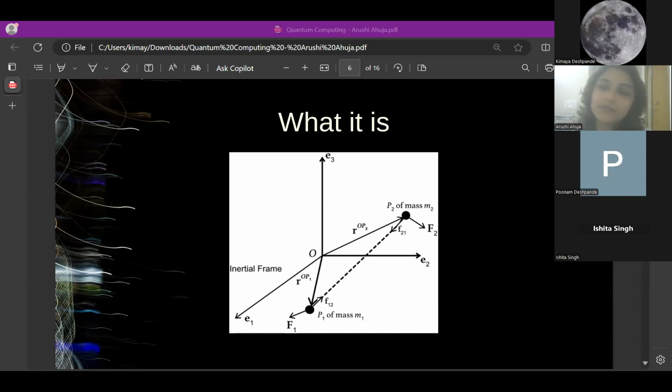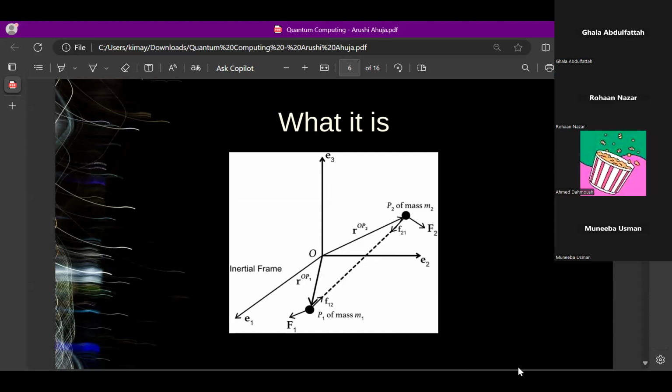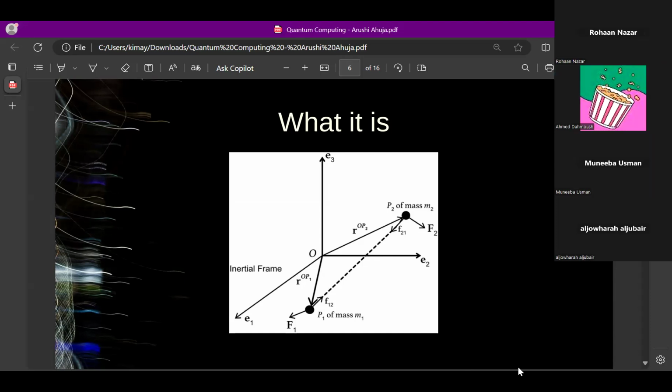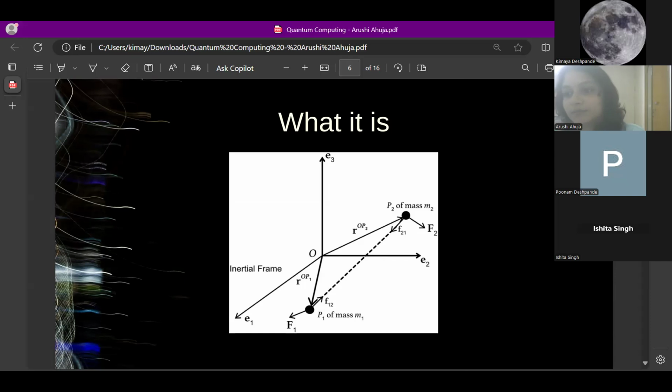A lot of the time, this task is very difficult to do on a classical computer, because what I am explaining to you right now, with just 5 planets, is very simplistic. You might need to factor in different attributes as well, such as charge or ions, which deal more with chemistry, which is why using a classical computer is not enough. More than that, it creates an n-body problem, because you have n number of objects that you don't know.